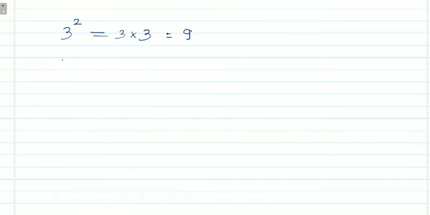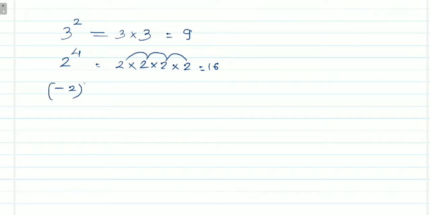For example, if we have 2 raised to the power 4, that means we are going to multiply 2 4 times. 2 2s are 4, 4 2s are 8, 8 2s are 16. If we have minus 2 raised to power 4 and minus 2 raised to power 3, then what is the answer?